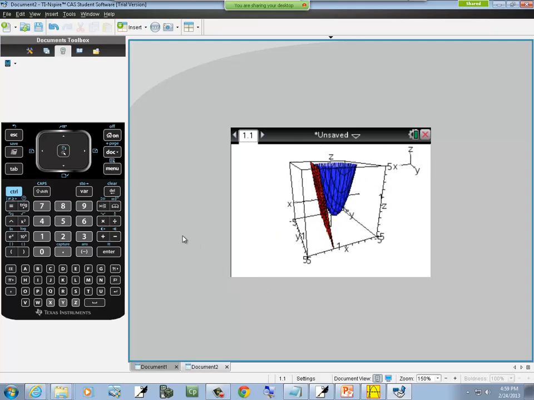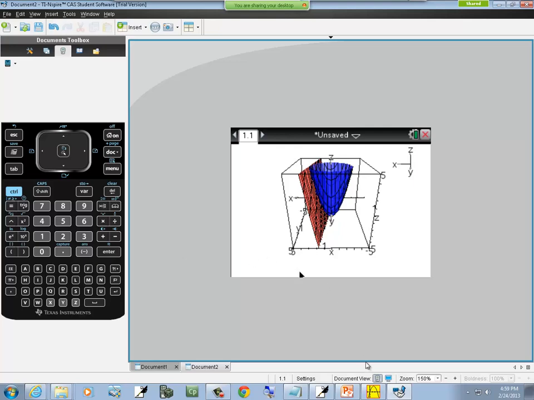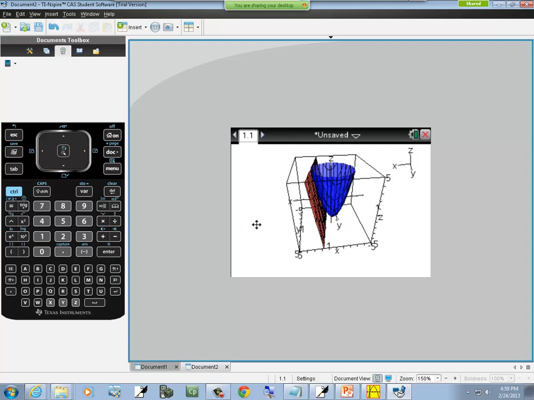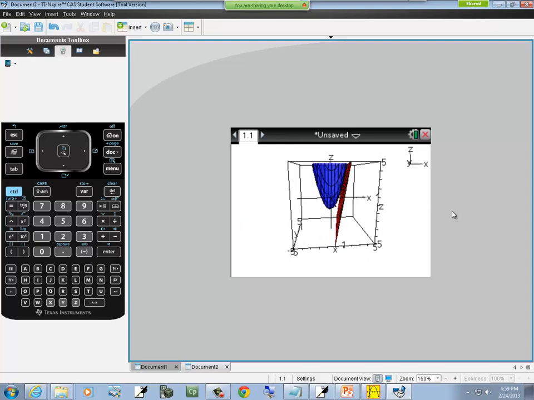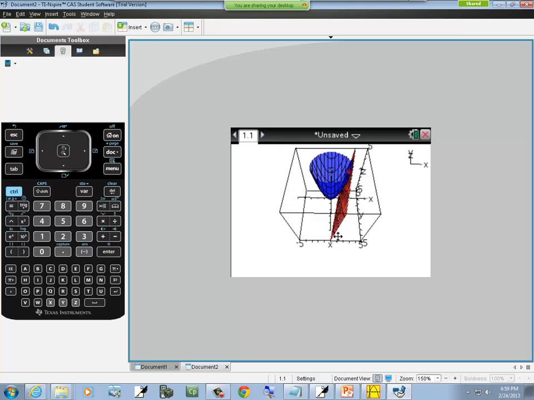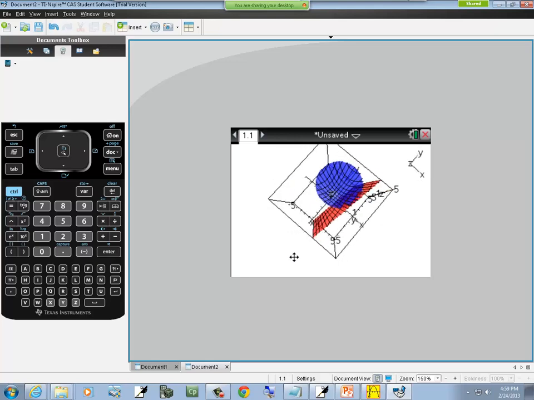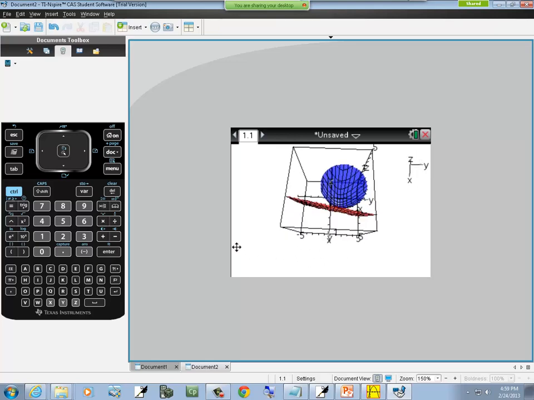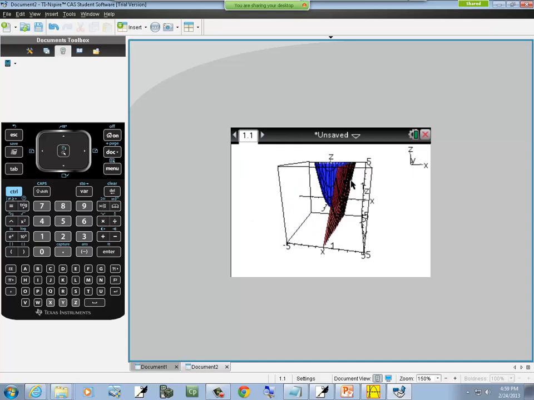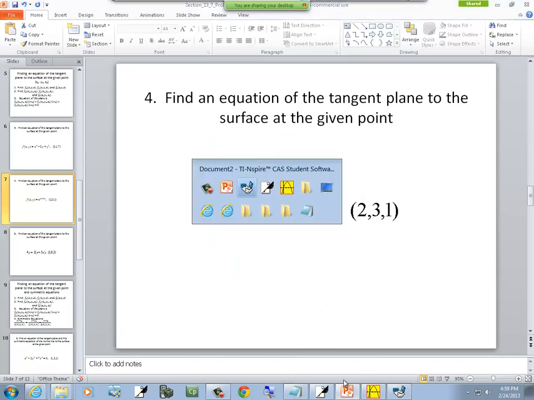But you can see, assuming I could actually figure out where my point's at. My point was 317, so x is 3, y is 1, and z is 7. What it's doing is it's touching at one point up there. Can't see it, but take my word for it. That's what's happening.